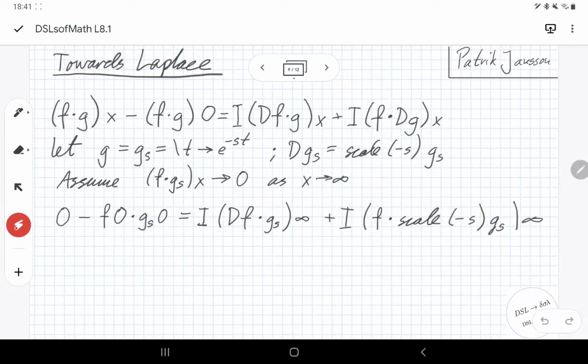And now we want to restrict ourselves, because otherwise the computation won't get through, to functions f which satisfy this property. The property says that when x goes to infinity, f scaled by gs should go to 0.